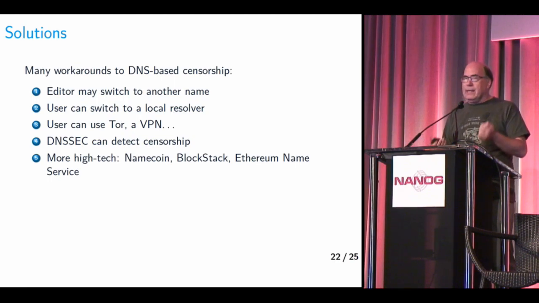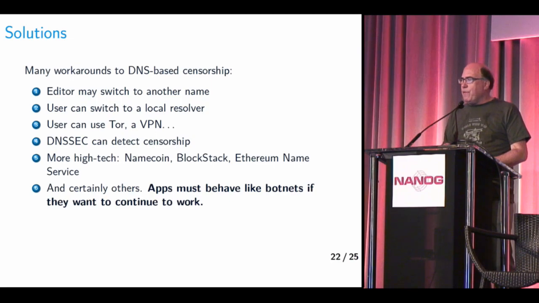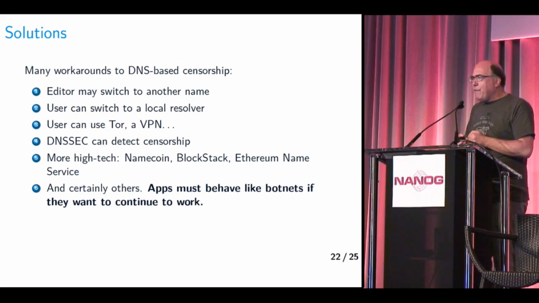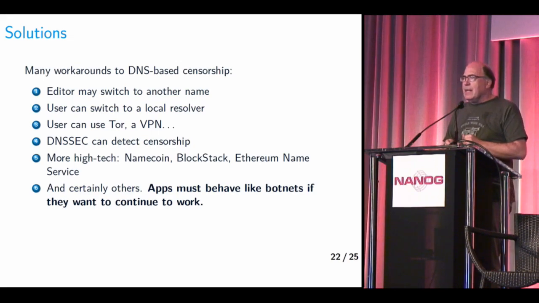But today, the ordinary user, Mr. Smith, uses the DNS, and censorship is a problem for him. But in the future, we will probably see that applications will have to rely on this sort of thing. We'll have to embed new ways to resolve names. I've read an article where someone said that applications today must behave like botnets.